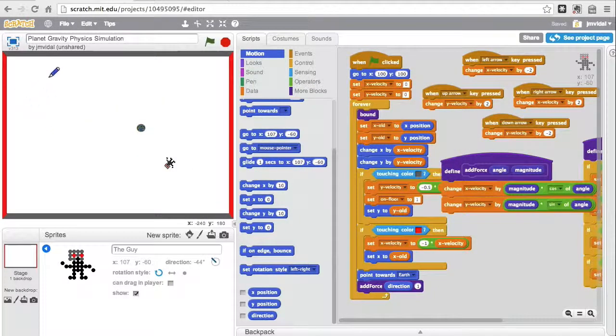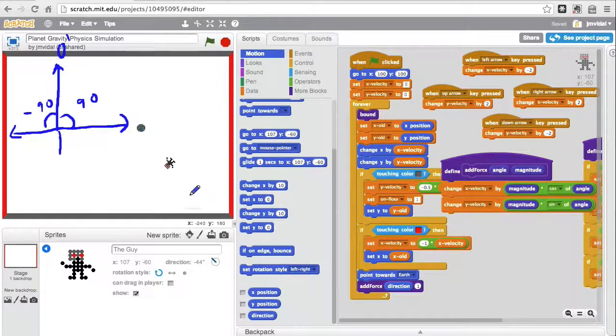So in Scratch, this is a 0 degree angle, this angle here is 90 degrees, and this angle here is minus 90 degrees, and so forth in between.